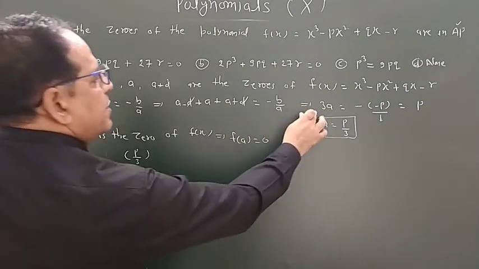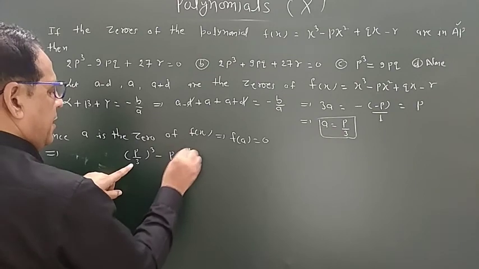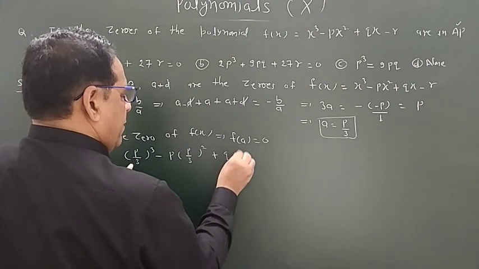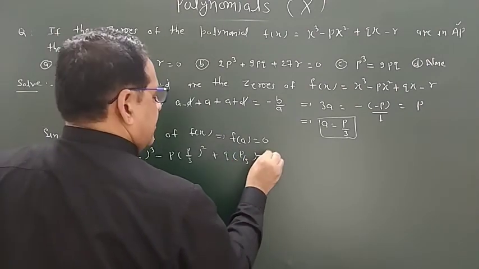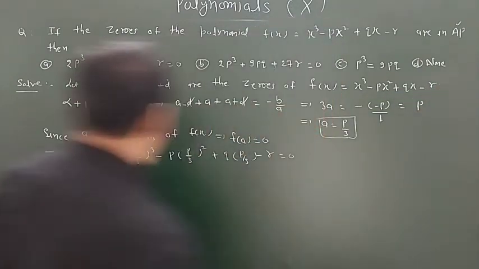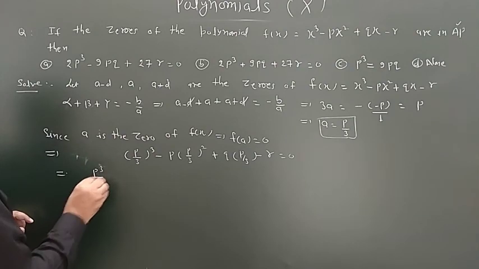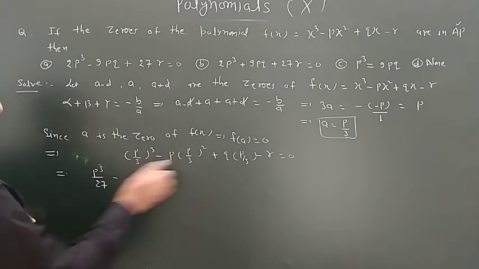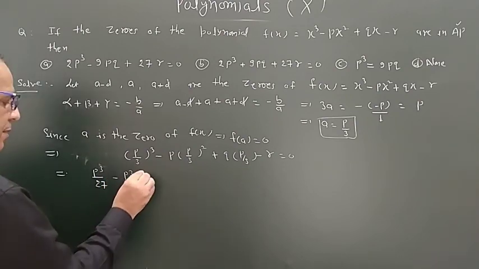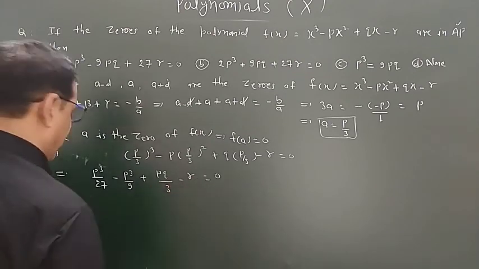Sorry, f(p/3) equal to 0 means (p upon 3) cube minus p times (p upon 3) square plus q times p upon 3 minus r equal to 0. Here we put x equal to p by 3 and this will be equal to 0. So now solve this. pq upon 3, minus p square into p, again p cube upon 3 threes are 9, plus p cube upon 3 minus r equal to 0.